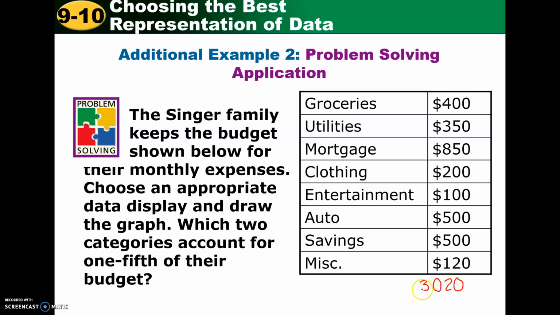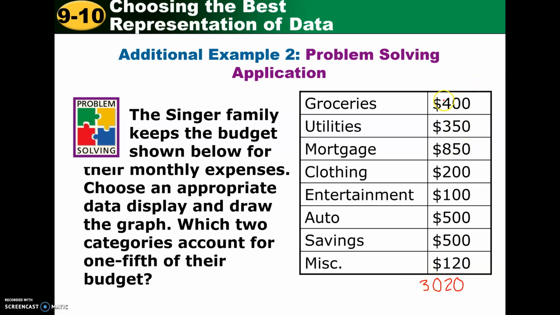Okay, so now I know their total budget is $3,020. Then I want to find what percent each of these are. That's going to give me the percent.